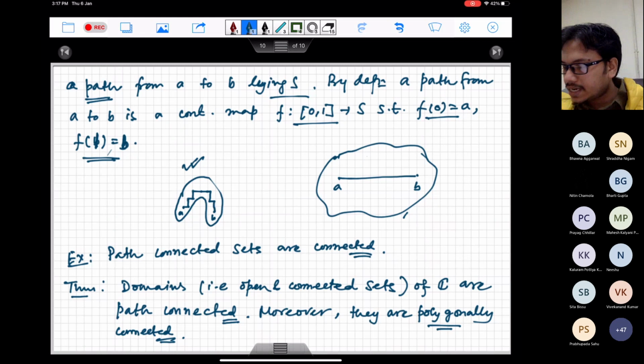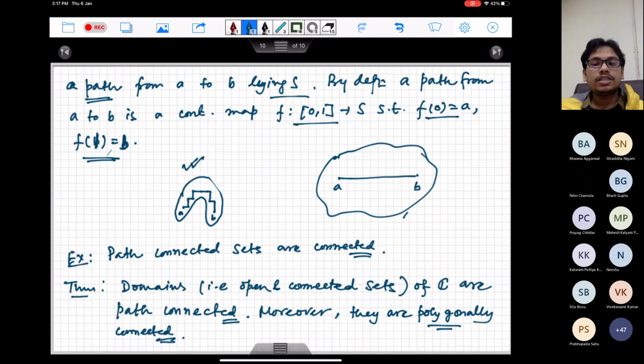So I can take polygonal paths where the line segments are always either vertical or horizontal. This is how you can connect any 2 points A and B in an open and connected set. So if you have an open and connected set, it's going to be path connected.